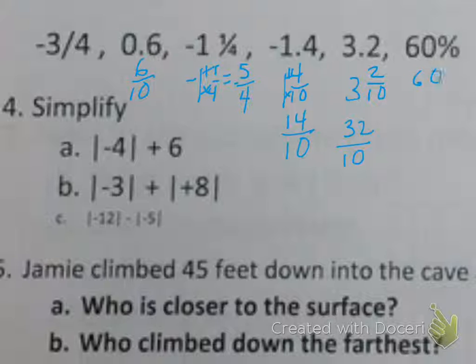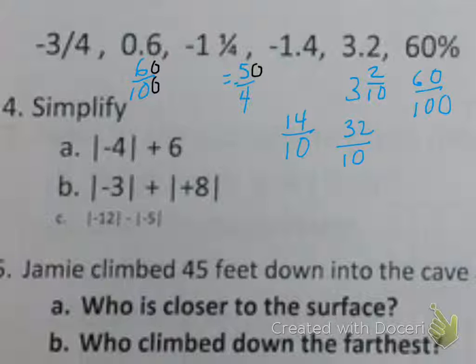And then 60 over 100. Now we'd have to find a common denominator. So if we were to go ahead on these and find a common denominator, we could see that 100 would work. So if we made them into 100, we'd have 60 over 100.